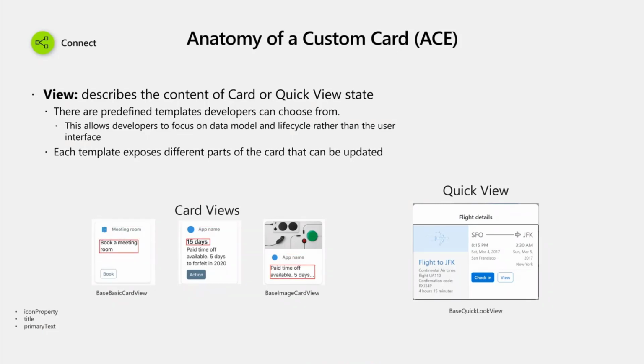The primary text as well. But if, for example, you have image URL, it is a property that is only available in the image card view. And the description is only available in another view, which, sorry, I had a glitch in my deck where it's only available on one of the card views.